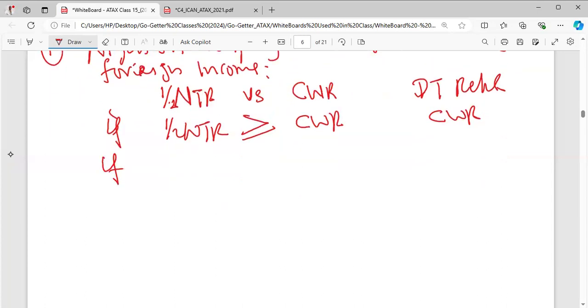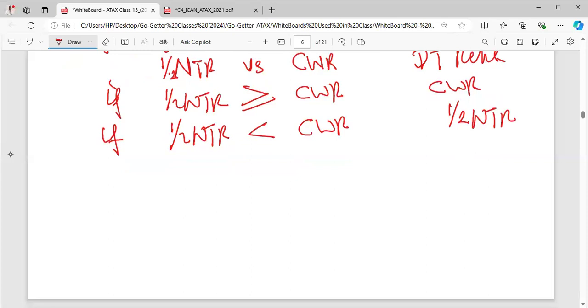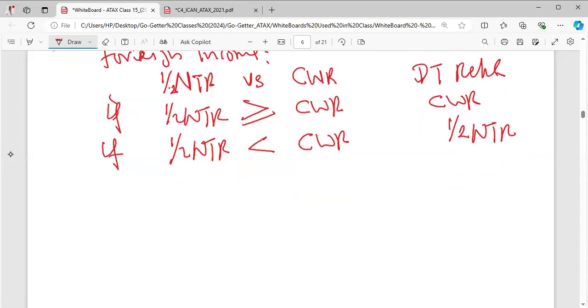If half of Nigerian tax rate is lesser than the Commonwealth rate, it will be half of Nigerian tax rate. Now that's for Nigerian company in foreign land.